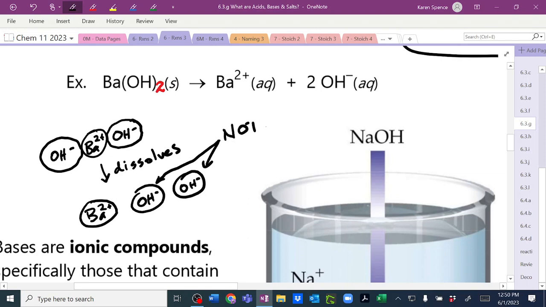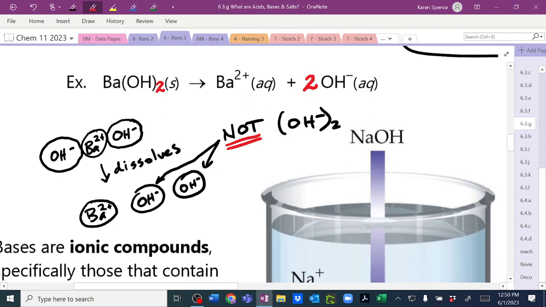And when you have 2 separate OH ions, you're not going to say OH minus 2. What would you say instead? You would say 2OH. When you put the 2 outside of brackets, it means they're attached.